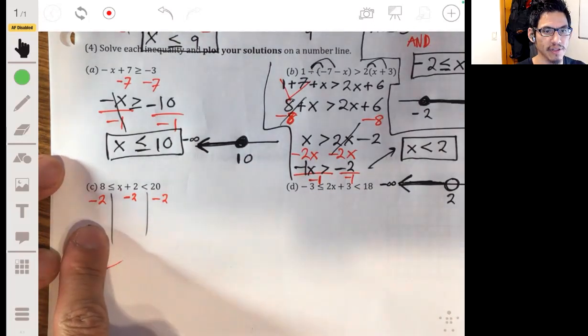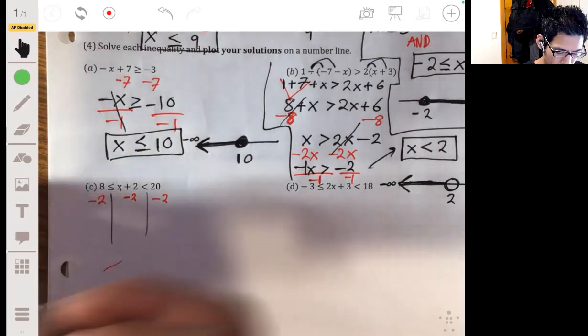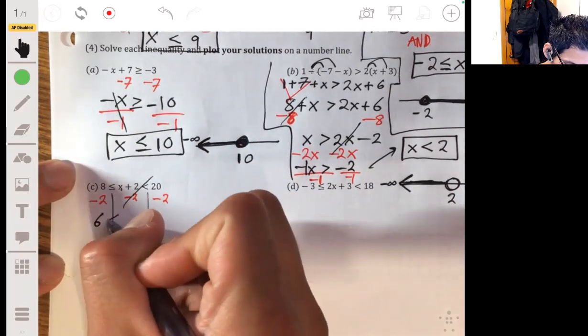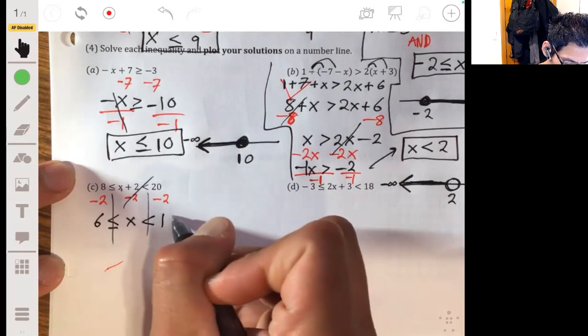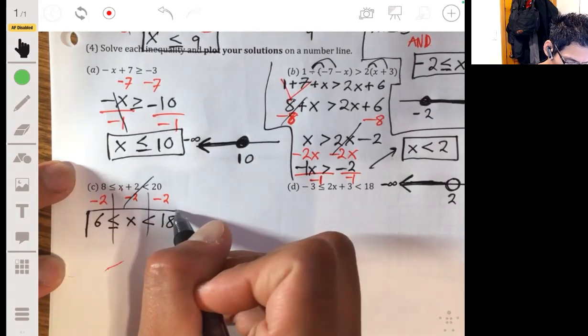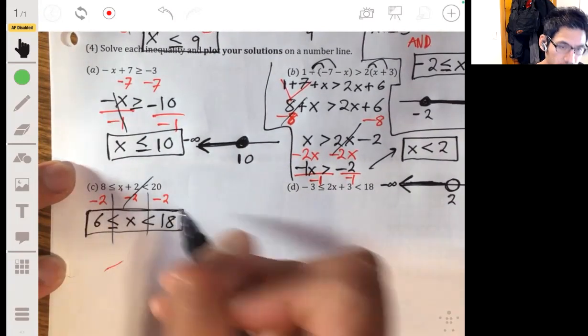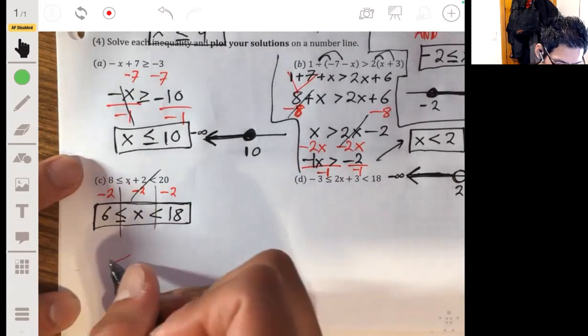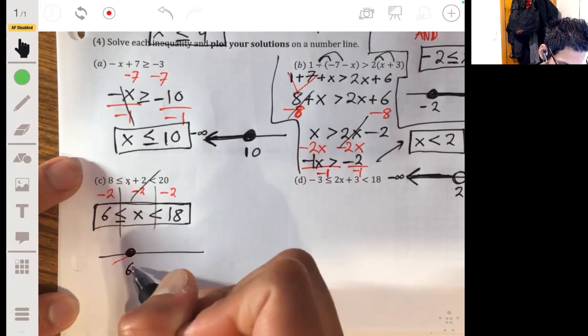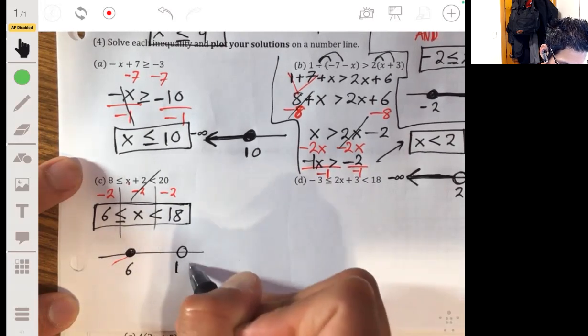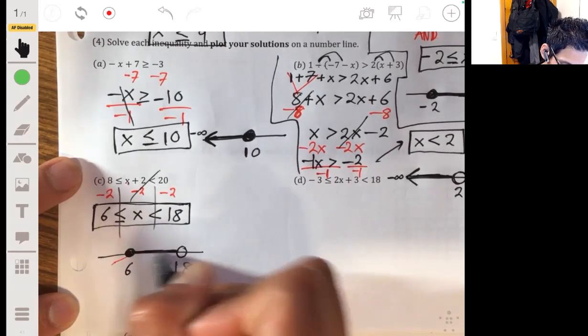So subtract 2 from the left, middle, and right. And then we'll get 6 is less than or equal to x, and x is less than 18. And that's our answer. And graphing this is really easy because it just looks the way it is. Close circle on 6, open circle on 18, and shade between.